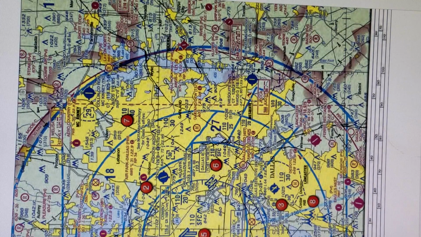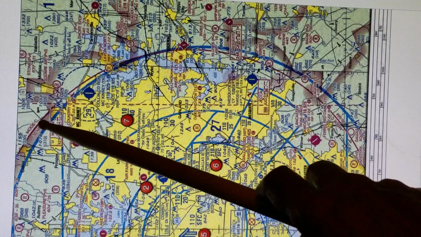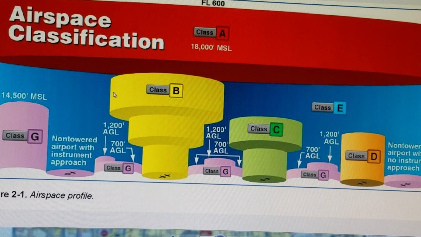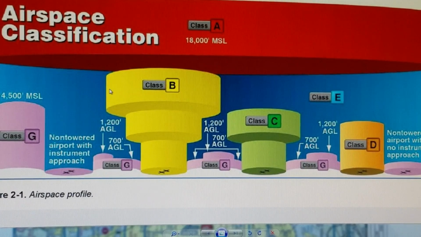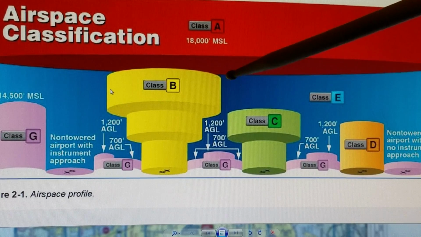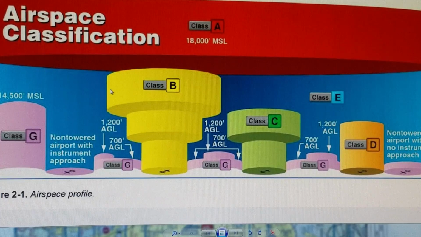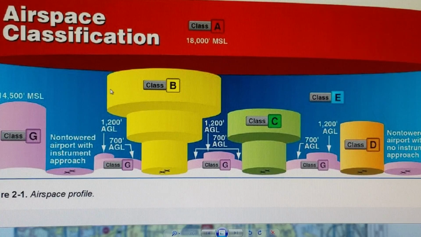Because it's marked Mode C, although it is the magenta line, there is less chance for confusion. So in fact, if you look at the airspace classification on this one, the Mode C, you have to think of it like a veil coming from the top right down, 30 nautical miles in diameter. It's coming right down like a veil, not the whale in the ocean. I think VEIL is the correct spelling.